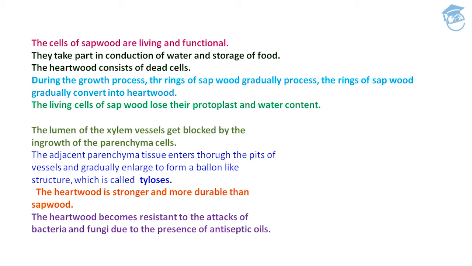Because of the tylosis, the characteristic odor of wood comes, okay, and the heartwood is stronger and more durable than sapwood, okay, because of its mechanical strength. The heartwood becomes resistant to the attack of bacteria and fungi due to the presence of antiseptic oils.